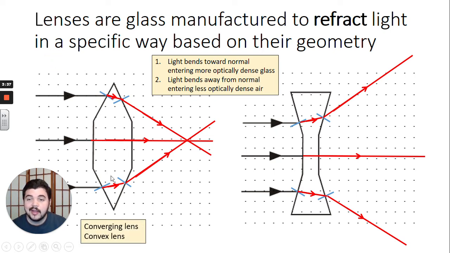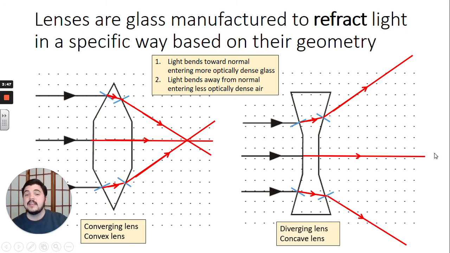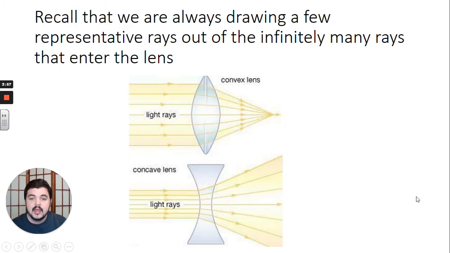So this geometry on the left is what we call a converging lens, also called a convex lens. And on the right, we have a diverging lens or a concave lens. Same trick as with mirrors. The concave lenses cave in, and then the convex ones don't. So we're actually going to smooth out these lenses in general.